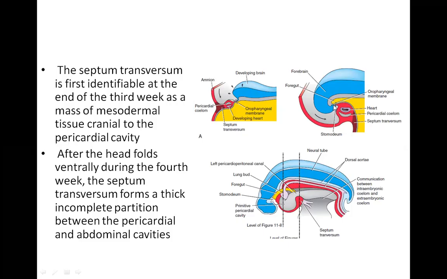After the head fold during the fourth week, the septum transversum forms a thick incomplete partition between the pericardial and the abdominal cavity. Over here you can see this one is the pericardial cavity, this one is the peritoneal cavity, and this red part is the septum transversum.